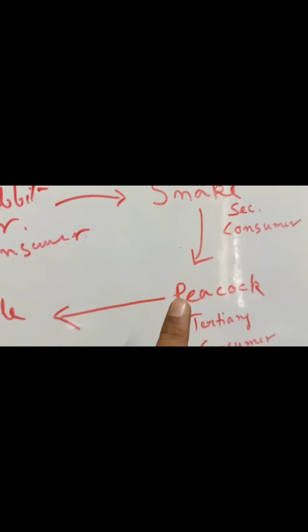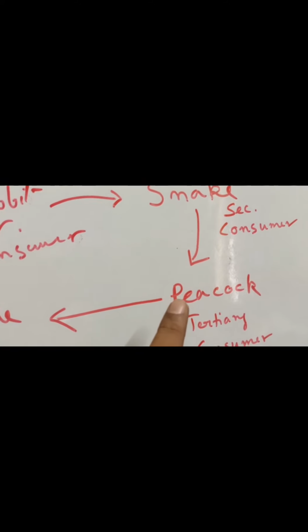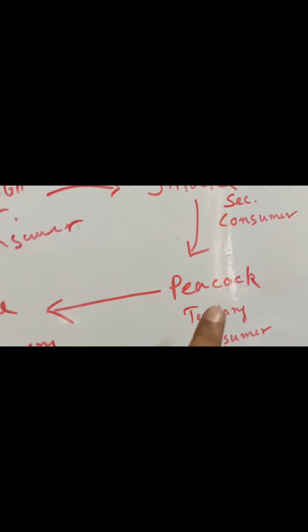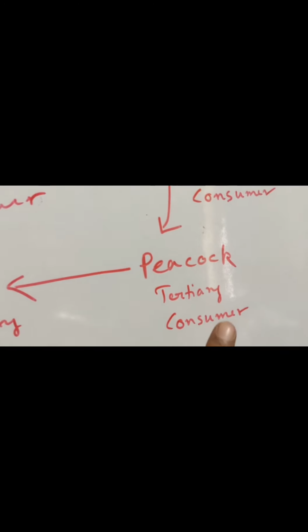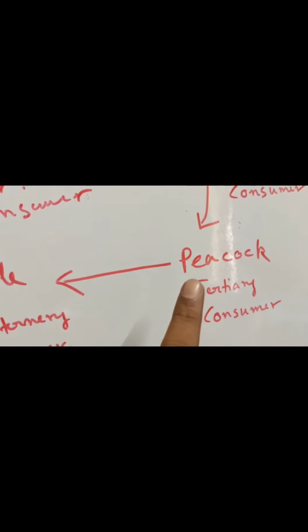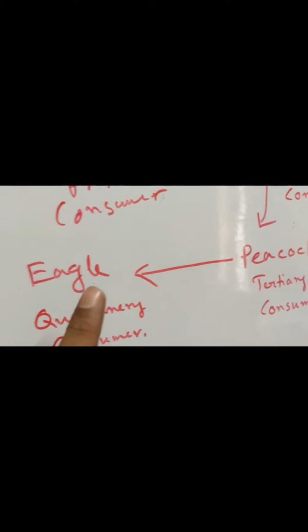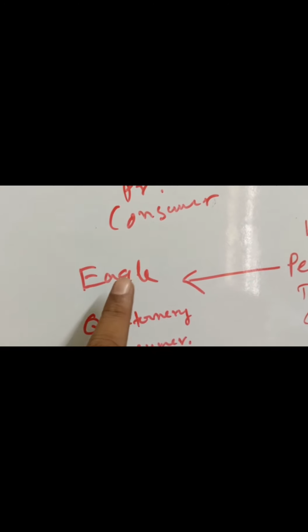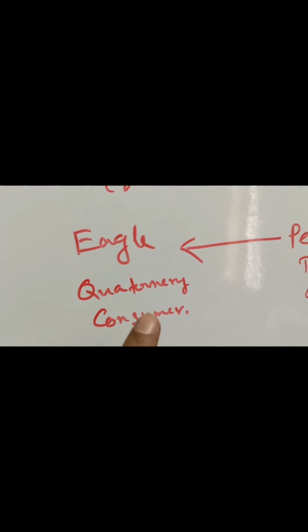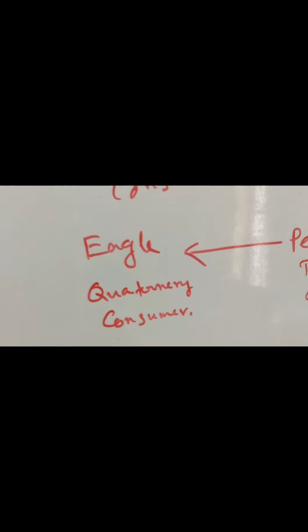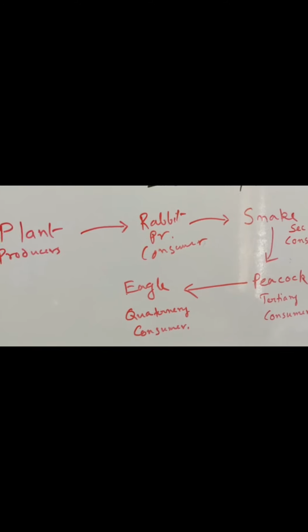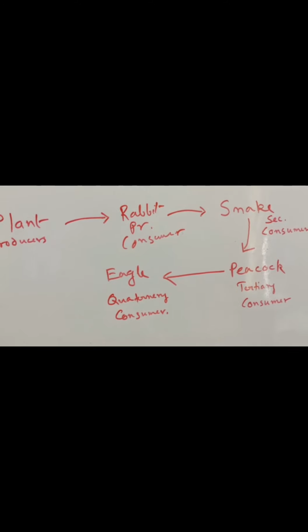Snake in return is again eaten by peacock, who is a tertiary consumer. And peacock in return is eaten by eagle, who is a quaternary consumer. I hope it is a very, very easy example, right?